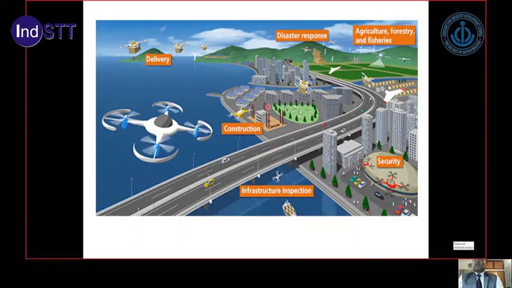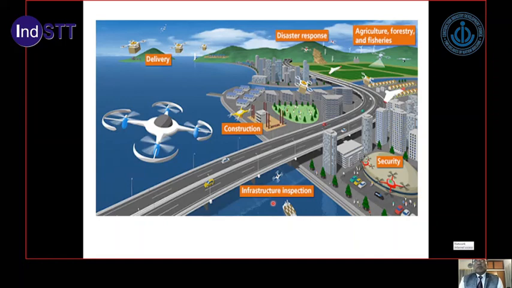Then we are using it in construction. As civil engineers, we are very enthusiastic to use it for construction of facilities, whether it is a road, a big stadium, a big building structure, or a dam site. Then inspection of the infrastructure. Physical inspection may not be possible at a particular site during construction or post construction, and this inspection is done with the help of the drone.